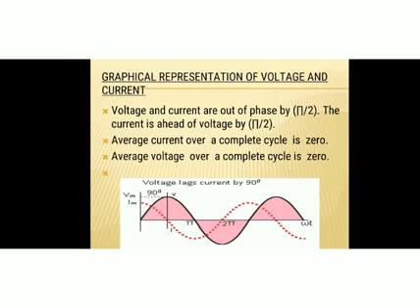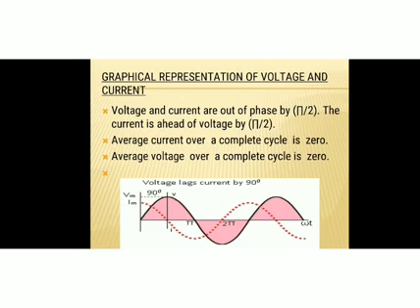That means the current is ahead of voltage by pi by 2. So just look at here. This dotted line represents the current graph and this solid line represents the graph of voltage. See here, current becomes maximum at 0, but voltage becomes maximum at 90 degree, at pi by 2. So there is a phase angle of pi by 2.